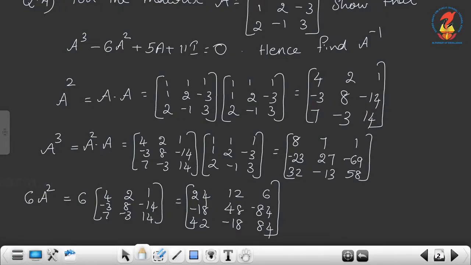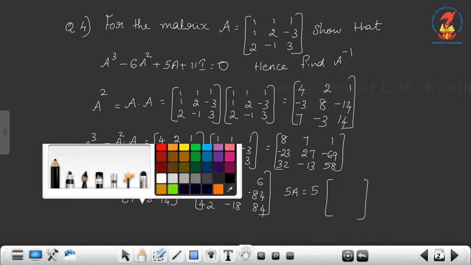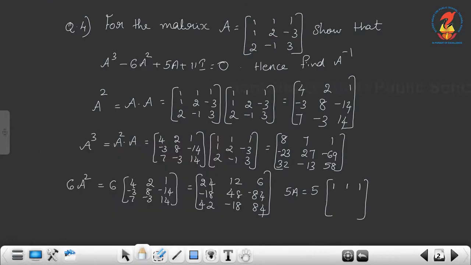Now the third term is 5A. 5A is equal to 5 into matrix A, that is 5 into [1, 1, 1; 1, 2, -3; 2, -1, 3]. So that is [5, 5, 5; 5, 10, -15; 10, -5, 15].